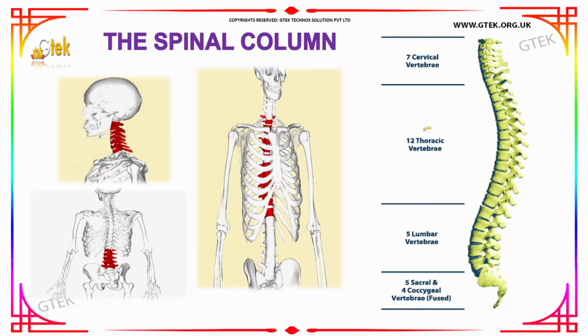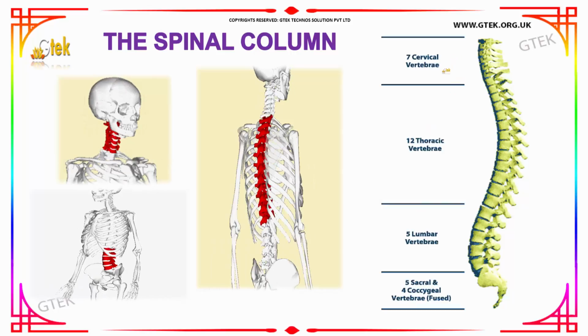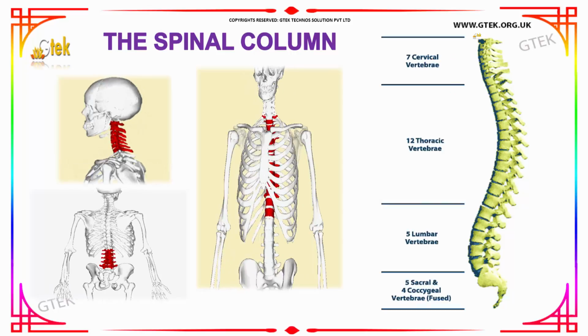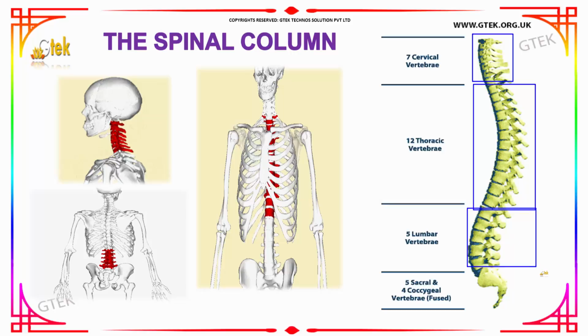So this diagram clearly depicts how the spinal cord has the various sections of vertebrae, that is your 7 cervical vertebrae, 12 thoracic vertebrae, 5 lumbar vertebrae, 5 sacral and 4 coccygeal vertebrae.